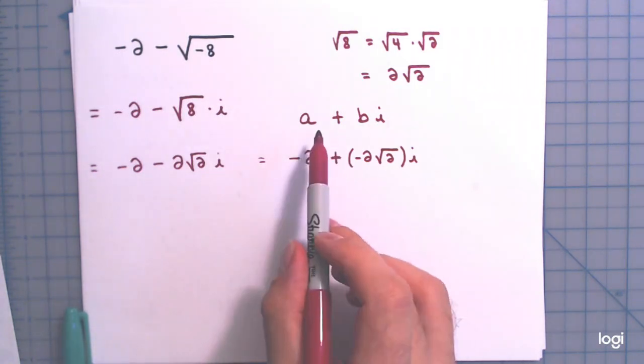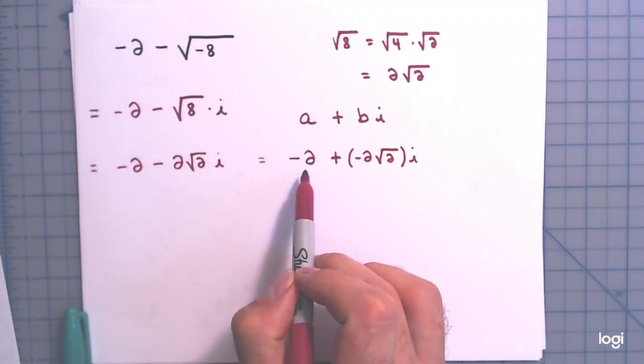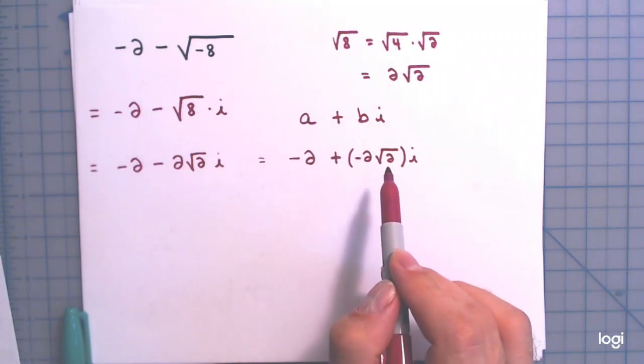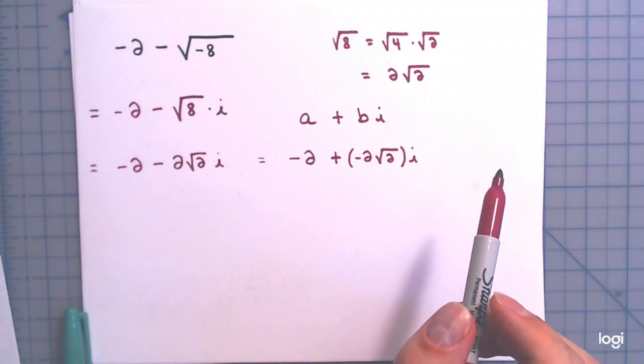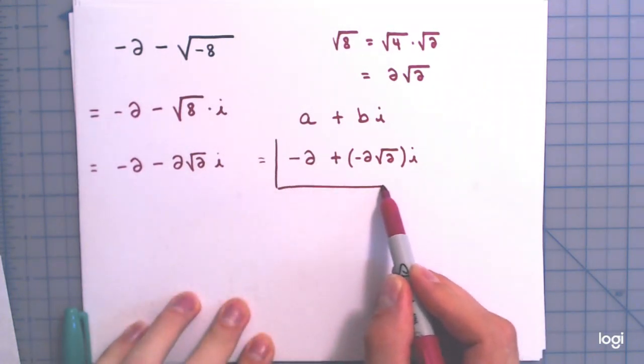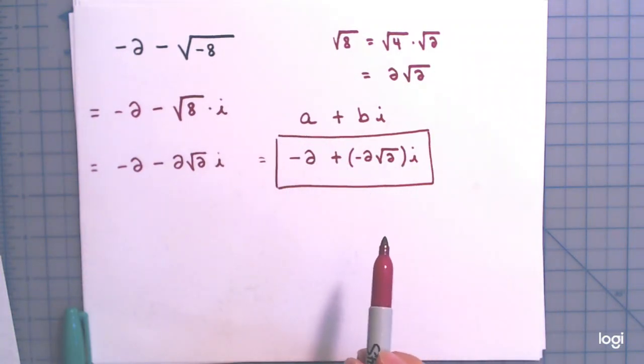So you see the real part, the real number here for a is -2, and the imaginary part of this complex number, the b, is this -2 times the square root of 2. This is how they asked me to answer it, but again, I could write this in all sorts of different ways.